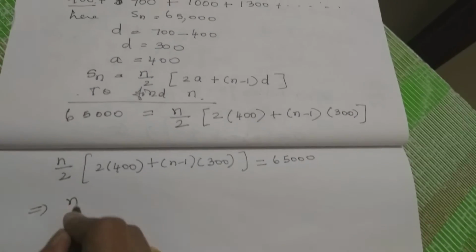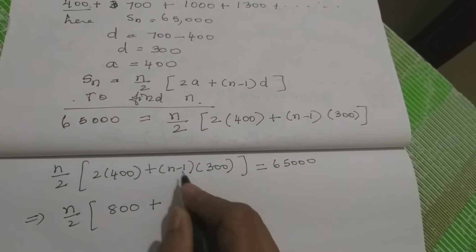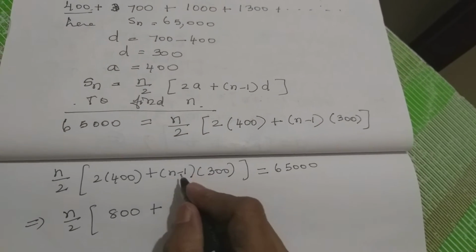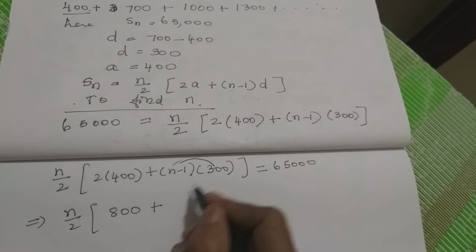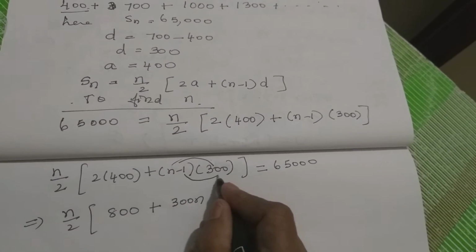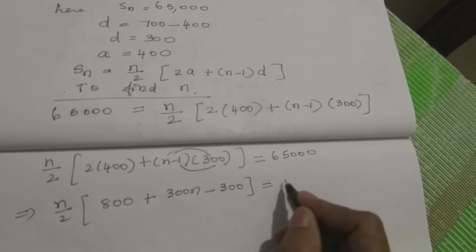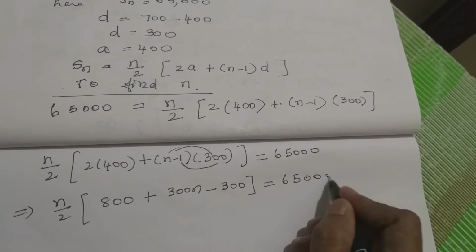Now we are going to simplify. 2 into 400 is 800. Now multiply n minus 1 with 300: n into 300 is 300n, and minus 1 into 300 is minus 300, equal to 65,000.